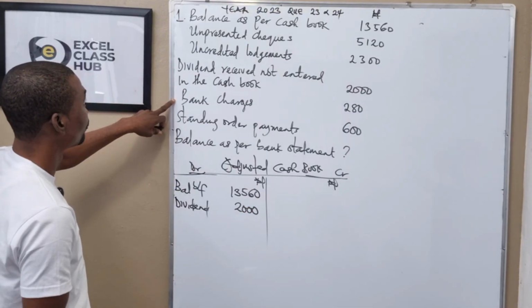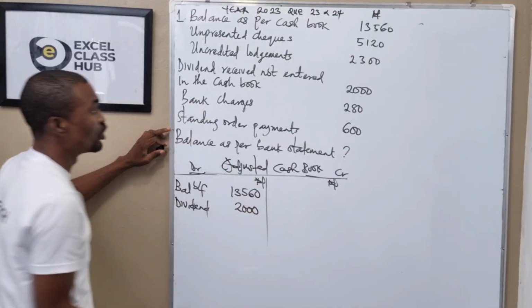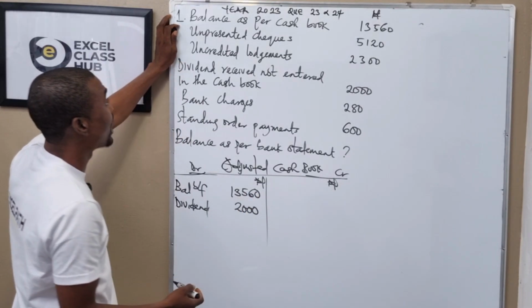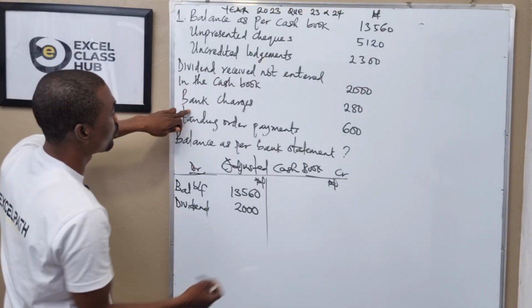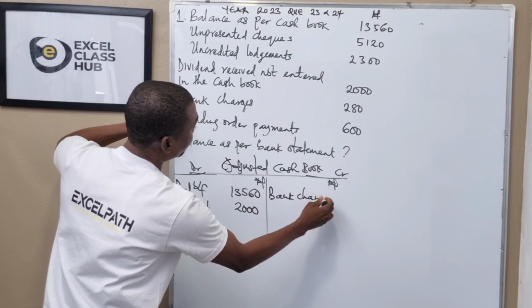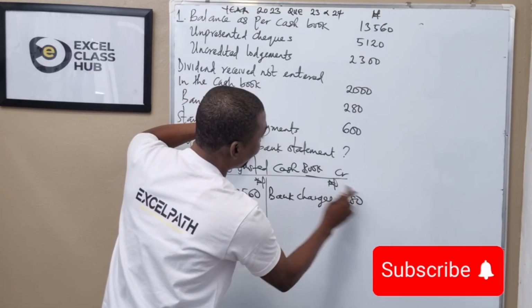That is all. So the next thing will now be the items that will increase your expenses in the cash book. The first one here is bank charges. Bank charges is 280 naira.